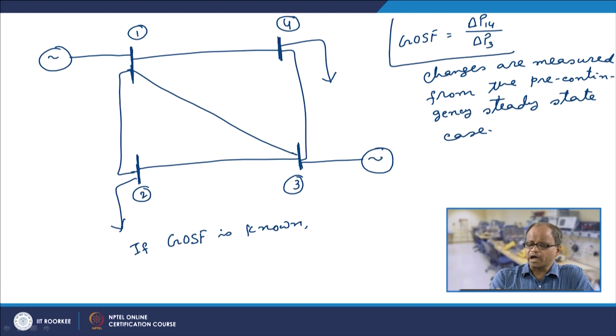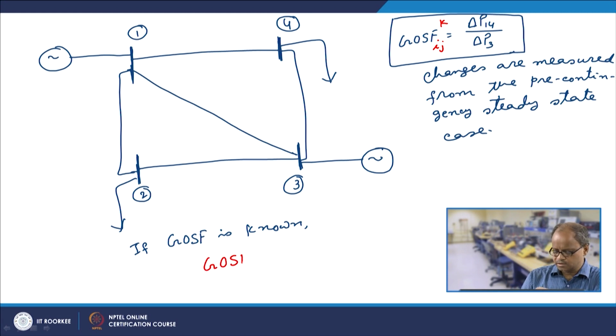Similarly, we will also have to define GOSF for each and every combination. For example, for our case, let us say this is GOSF Ij due to k. So, when I say GOSF with a subscript Ij and a superscript k, it only says that this is del Pij by del Pk.